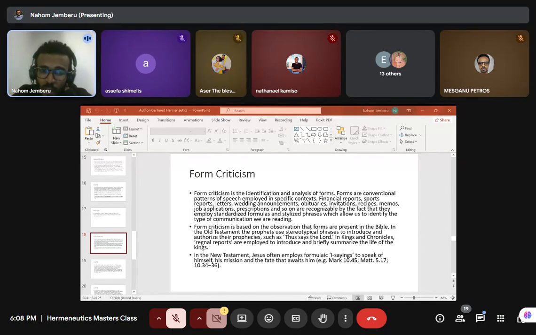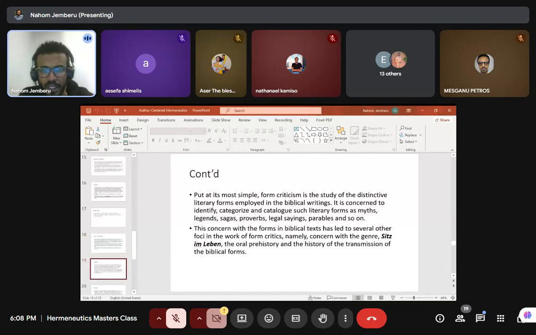There are war reports in the Old Testament that tend to follow the same pattern, and there are also what we call narratives, for example, that are very discernible. We will see one example, so don't worry.